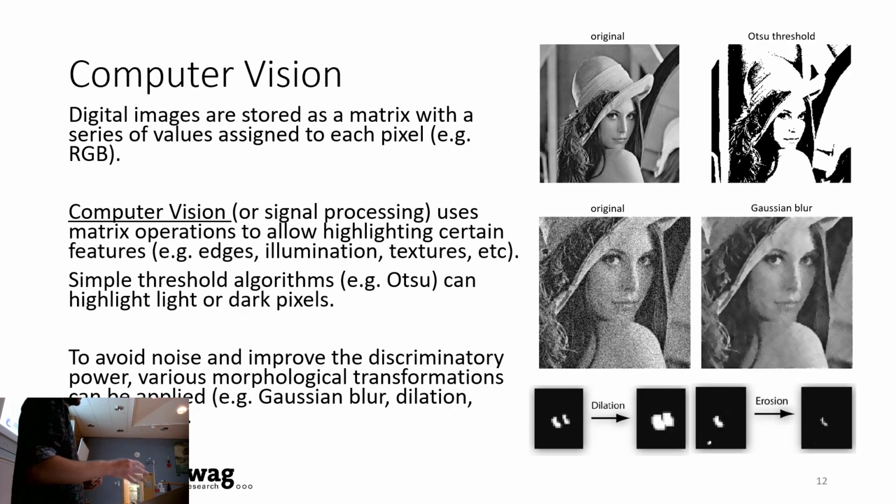Here, for instance, I'm showing a simple thresholding algorithm, and you can also apply some other filter that can smooth the image to then apply other thresholding algorithms afterwards. These are all very simple techniques that have been around for a very long time, and they still can give meaningful results for biological images.